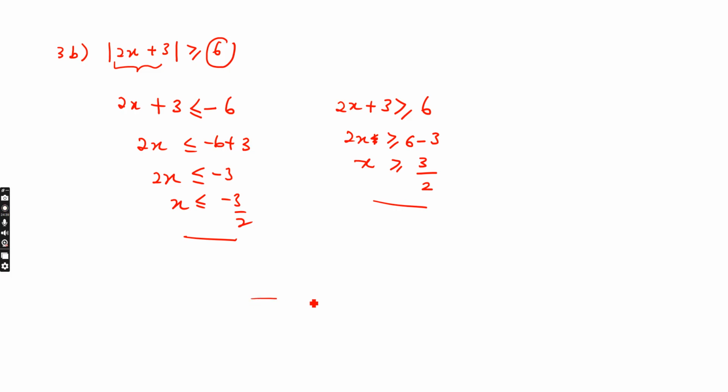And then you can draw your straight line here. So list out all the value of x that you have, which is negative 3 over 2 and 3 over 2. Now you can draw the dot. Okay, for this one is x less than equal, right? So less than equal. Okay, yes, Dylan.